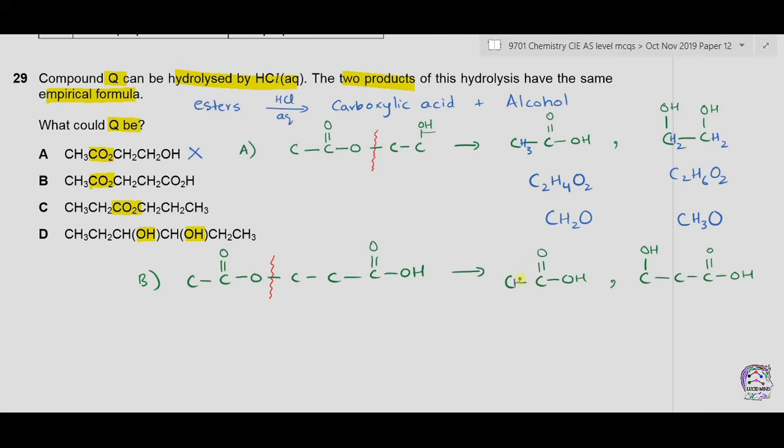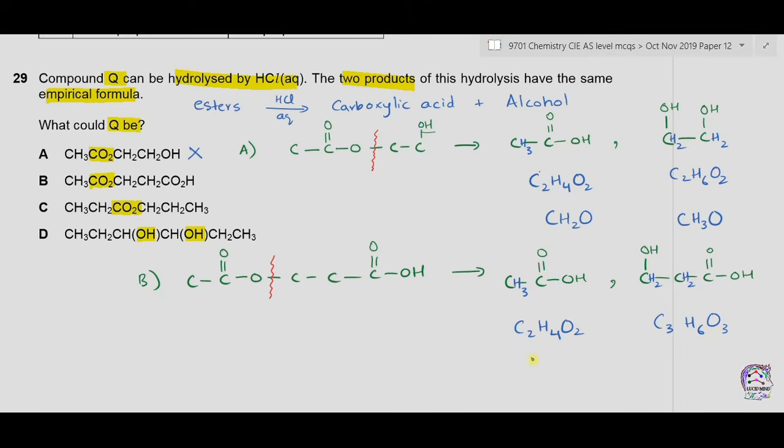Let's put hydrogen atoms. We have 3 hydrogens, 2 hydrogen, 2. Now the molecular formula of this compound is C2H4O2, and for this compound the molecular formula is C3H6O3.